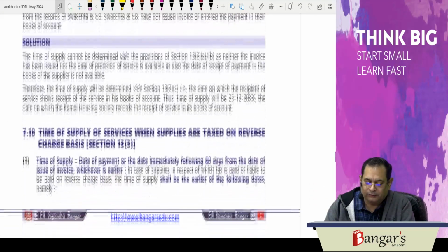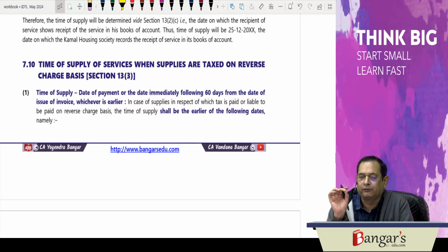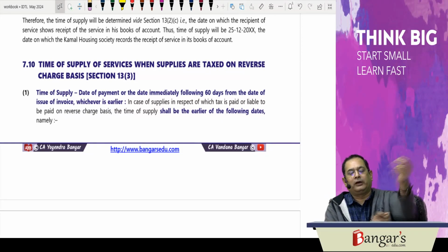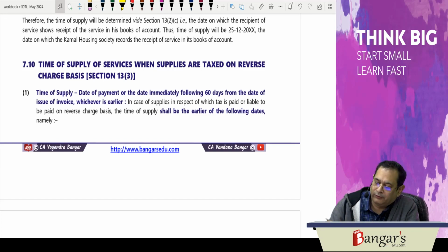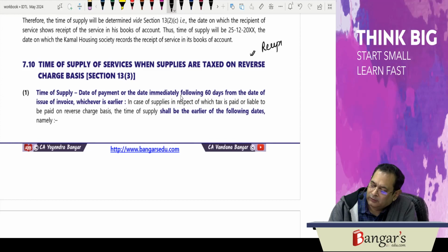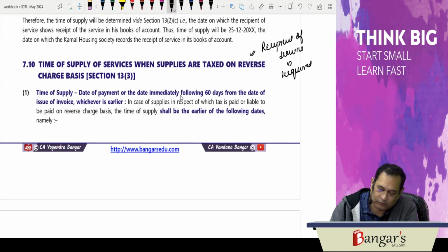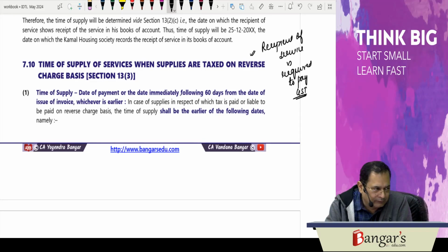Now the next is determination of time of supply of services when supplies are taxed on reverse charge basis. So here, what is reverse charge? Where the recipient of service is required to pay GST.